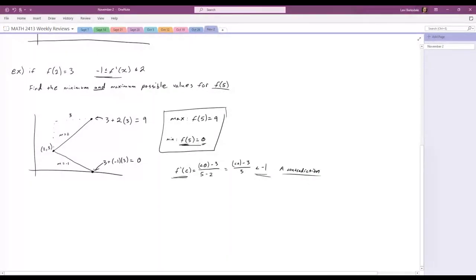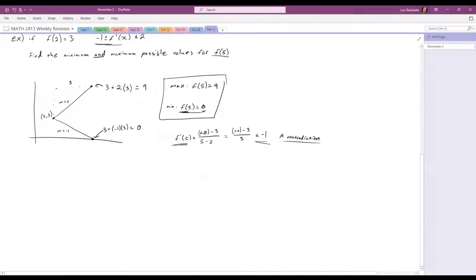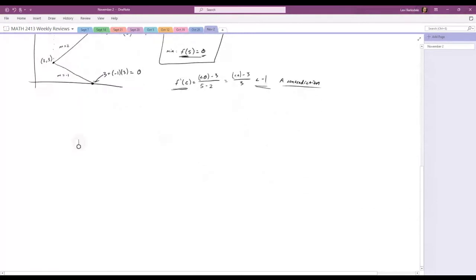To me, the intuitive way of just thinking, well, I'm just going to take the maximum slope every time, makes the most sense to me. But if you have a different method that you prefer to use, let's go ahead and use that.